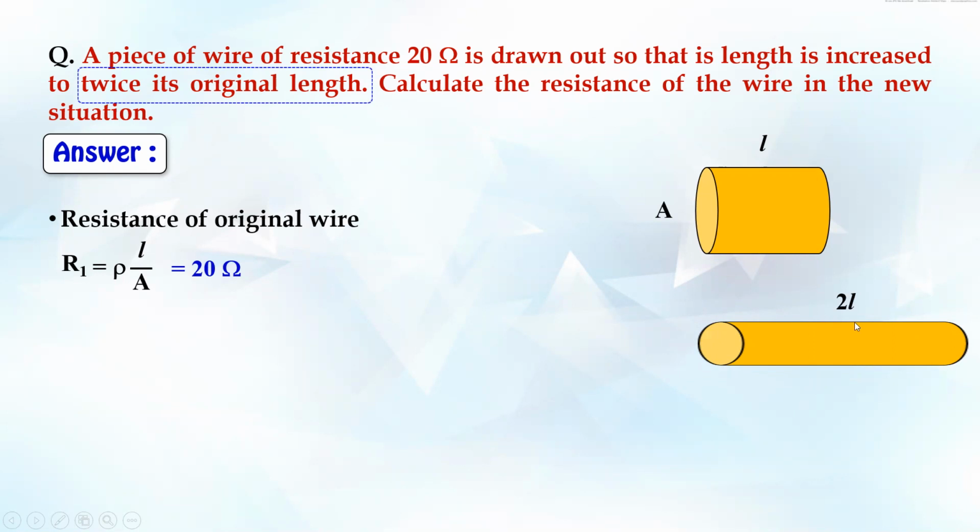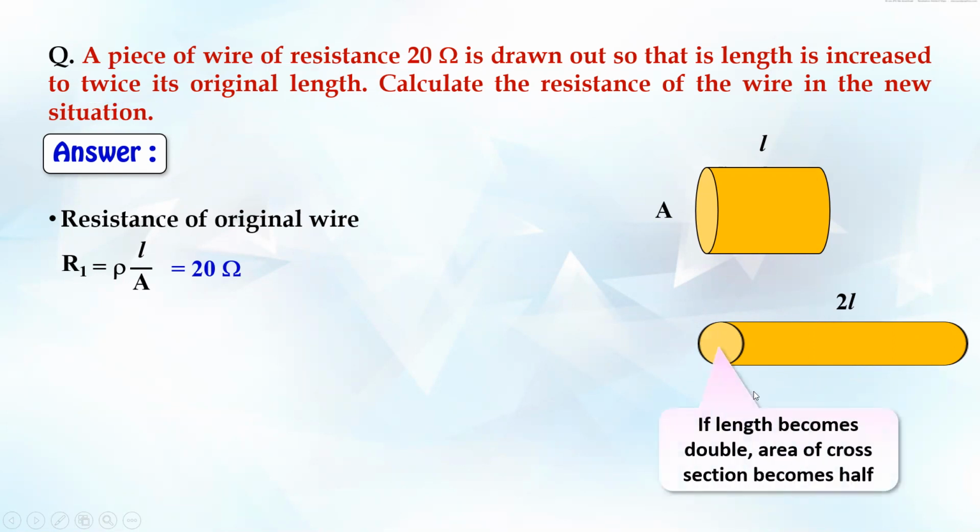So if the length becomes double, that is 2L, the area becomes half, right? Remember, in this case the area is half because the wire is drawn, or pulled. If simply the wire is cut in half, as the question might say, that time the area will remain the same, that is A.